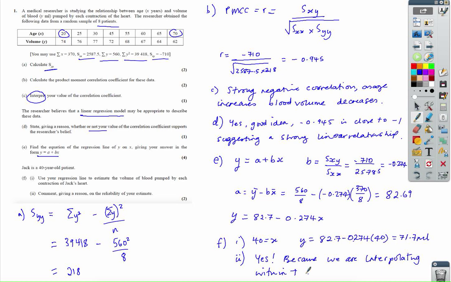A couple of you put that it was close to the 45. That's not the right answer. It's within the data range or interpolation that they are looking for. Those are the two keywords. If we tried to use 400 here, that's way outside the data range. Bad idea. Okay, it will be reliable because it's within the data range, interpolating, all good.